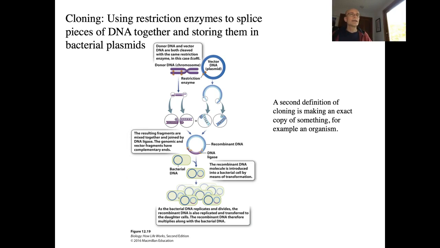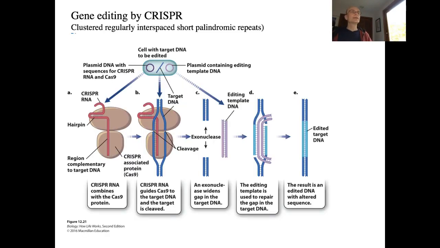Okay, one last thing, and that is the technology called CRISPR. CRISPR, you've probably heard in the newspapers about CRISPR. CRISPR is sort of the hottest thing on the market right now in biotechnology. It has been around for almost 10 years now.